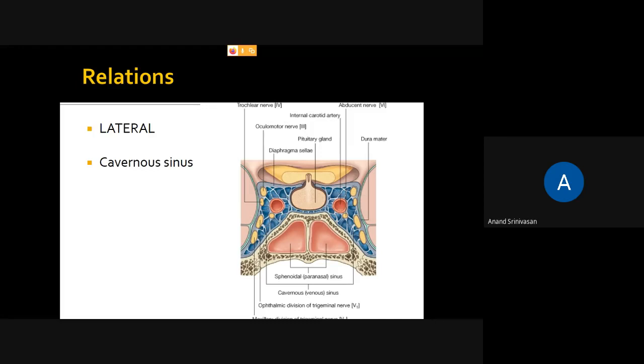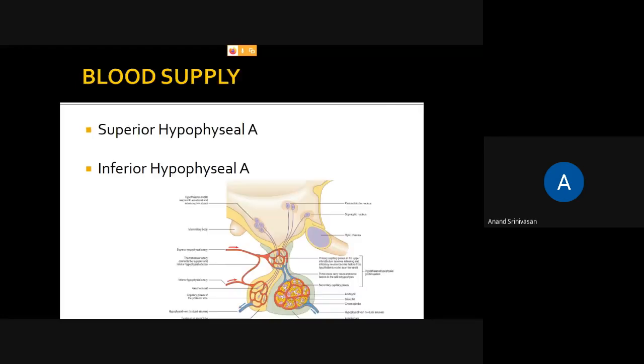If it expands to any one of these structures, it will compress the surrounding structures, and that can lead to various symptoms. So that's why we need to know the relations of the pituitary gland.